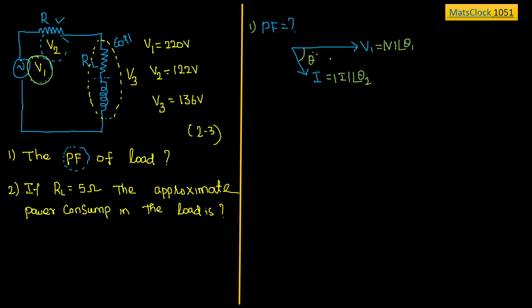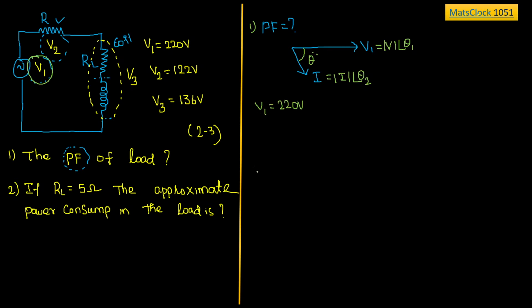But in this question, polar values of the voltage and the currents are not known. The one and only given data is the values of V1, V2, V3. Now what is the value of V1 here? V1 is 220 volts.